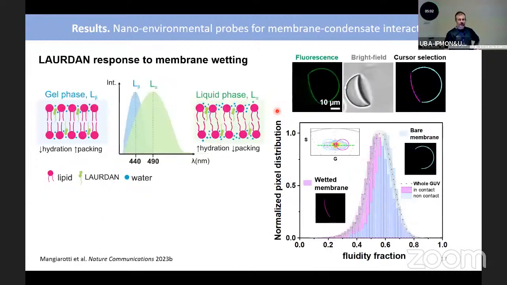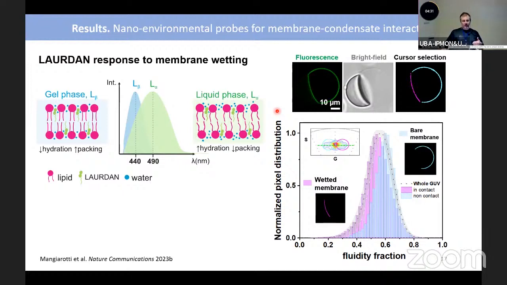The next question that we wanted to answer was, we know that if we put together membranes with these condensates, the condensate will wet the membrane. And if we change some physicochemical parameter like ionic strength or others, it will change the condensate. Is it true that the condensate will also affect membrane dynamics? This was the question that we wanted to answer.